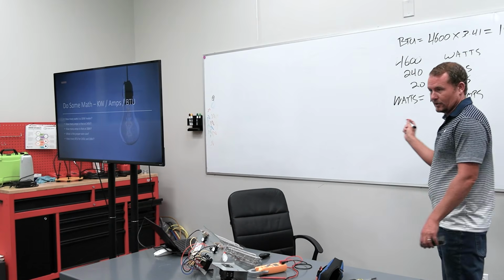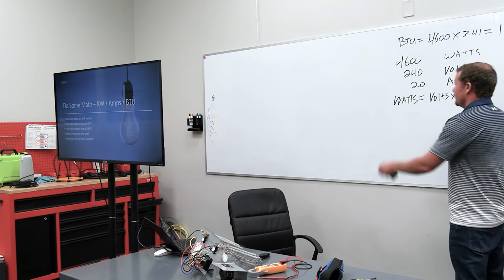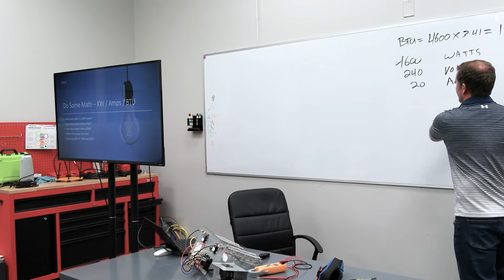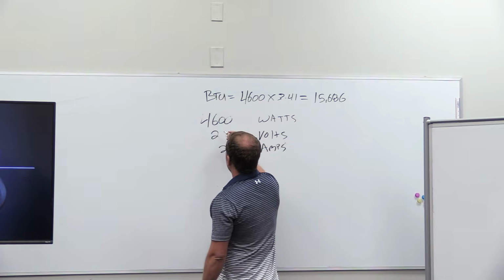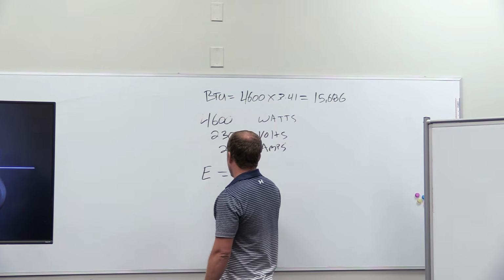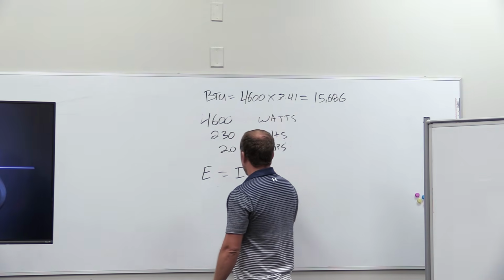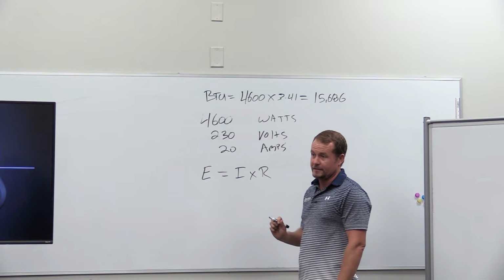We have to go back to Ohm's law, okay? And in order to do that, we have to figure out the resistance. You're going to notice we don't have the resistance anywhere on this board. We didn't figure out the resistance yet. So let's go back. If E equals I times R, E is voltage, I is current or amperage, and R is resistance in ohms.